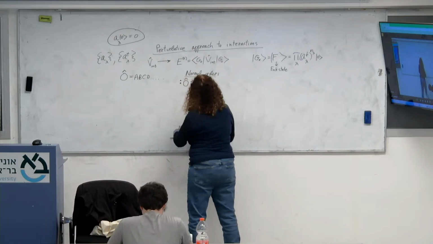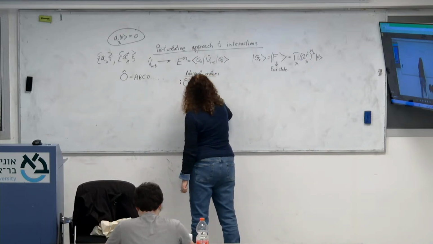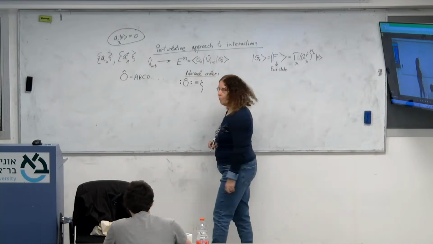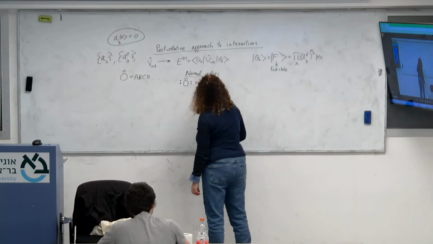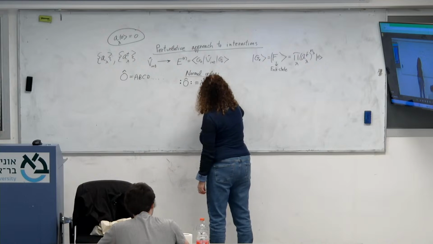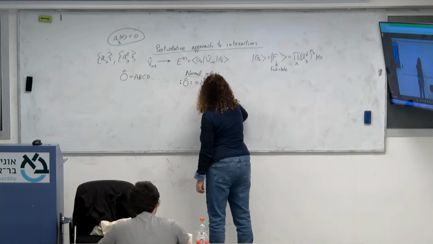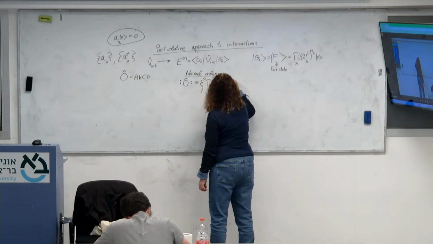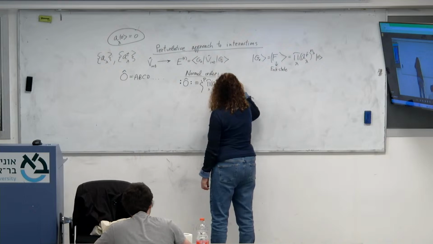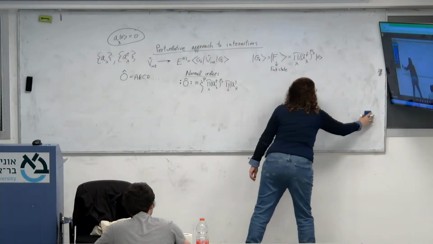So after the reshuffling, what I'll get is, first of all, a phase factor zeta to the power p times a product of some A daggers times a product of some A's.